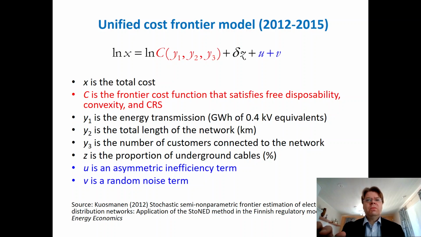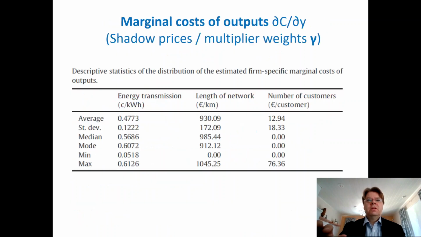So let us first start from this non-parametric cost frontier C. Unlike in the parametric approaches, we do not have an explicit functional representation of the cost frontier, like in the case of DEA. However, we can of course consider what kind of shadow prices we have for this cost frontier.